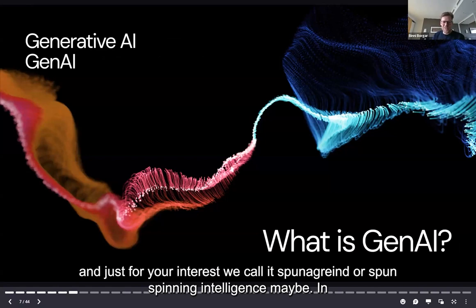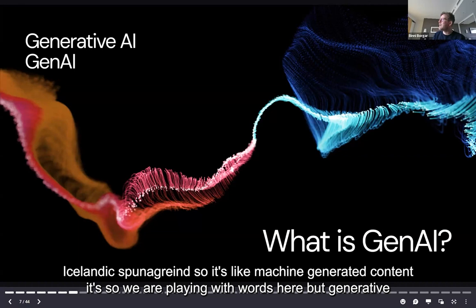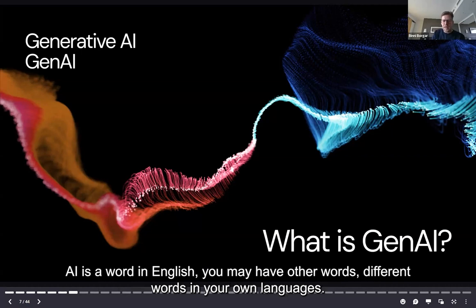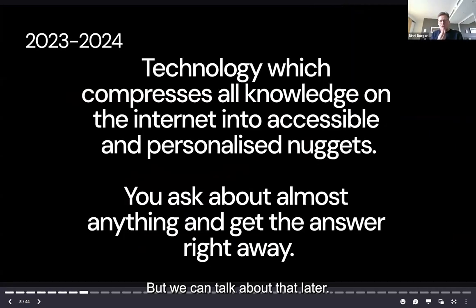And just for your interest, we call it spunagreind, or spinning intelligence, maybe, in Icelandic. It's like machine generated content. So we are playing with words here, but generative AI is the word in English. You may have different words in your own languages, but we can talk about that later.